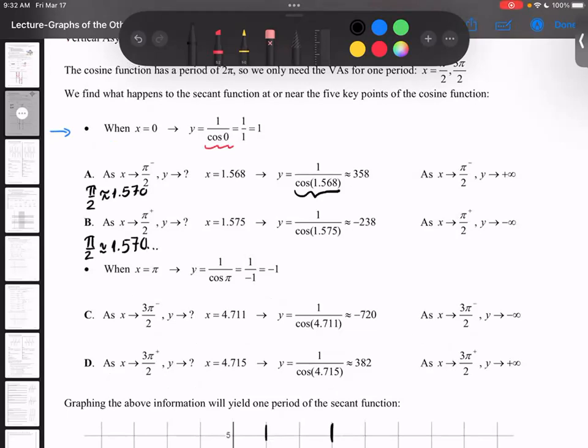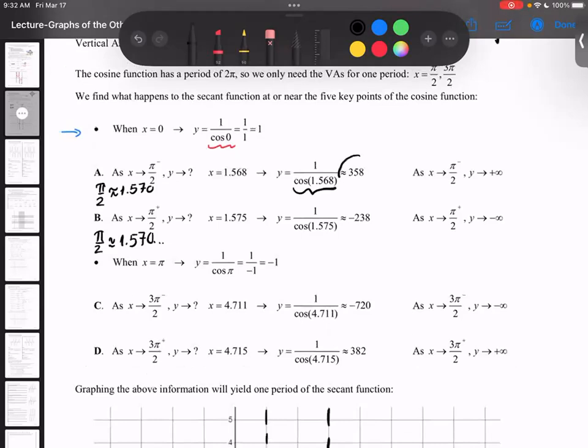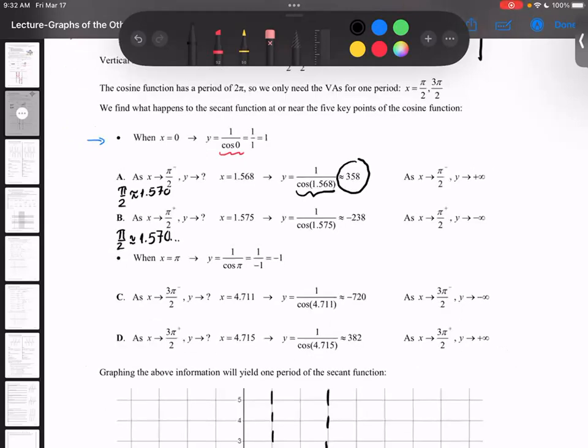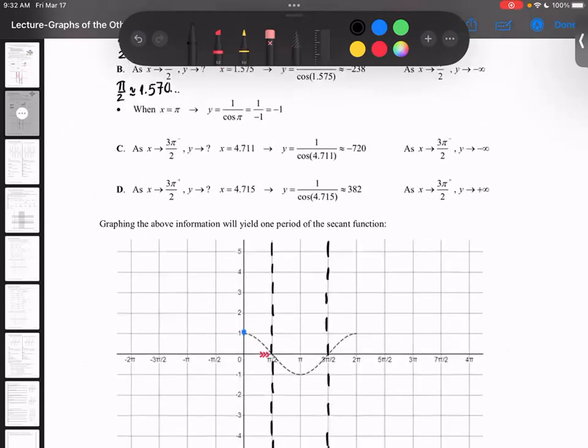I don't even know what it is because it's not on the unit circle. The point is, it gives you something positive, a large positive number. So by that same argument, as x approaches pi half from the left, y approaches positive infinity.